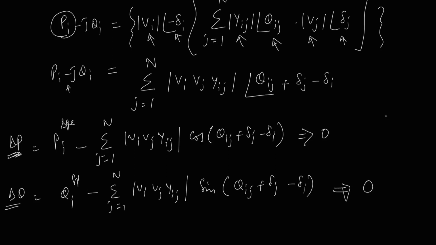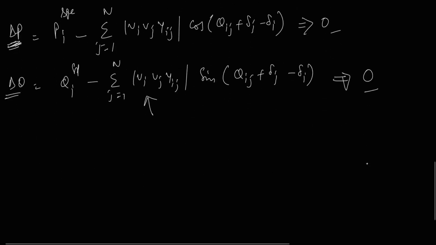These mismatches should approach 0. Then we say that those voltages give me the power balance equation exactly matching. The specified quantity matches the calculated quantity and the difference gives me a 0 value. Okay, so this is the power balance equation, right?